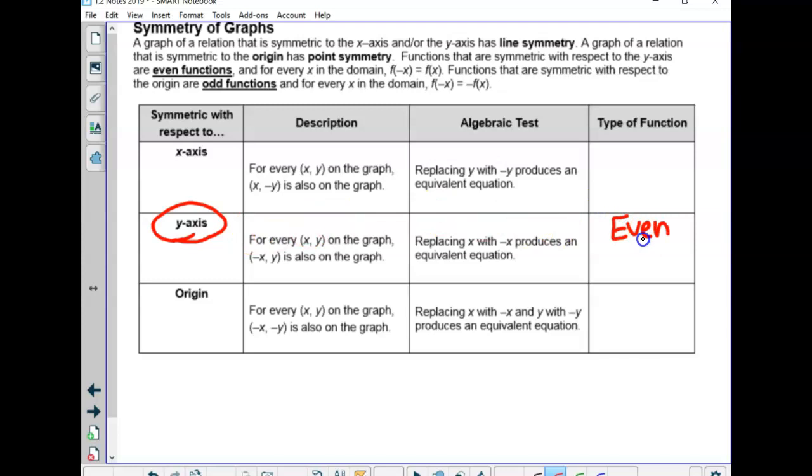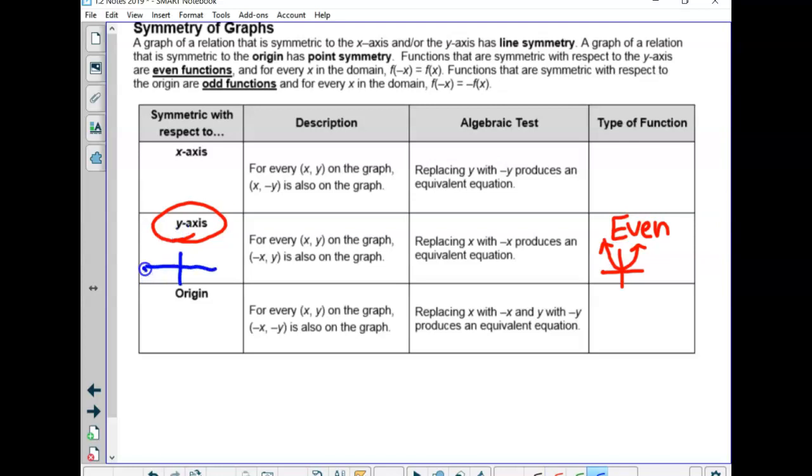Now, can we draw a couple on there? What would that look like? Okay, a generic parabola would work, right? That went through the origin. Is every parabola going to be even? No, it's got to have y-axis symmetry. Another one that is the sine function.